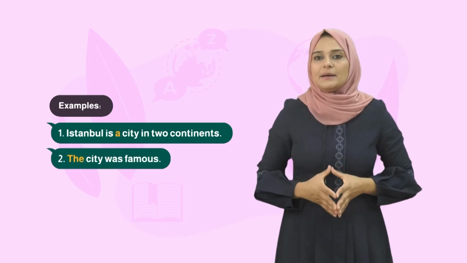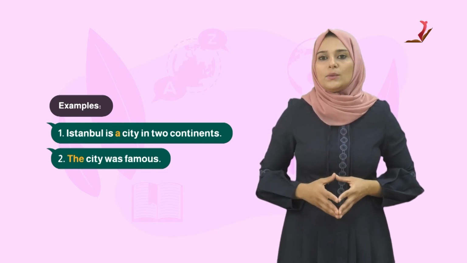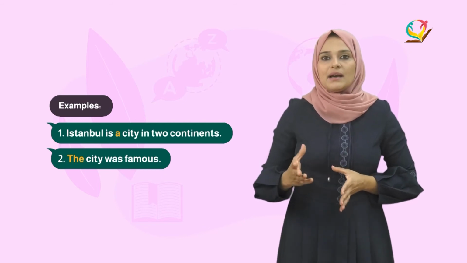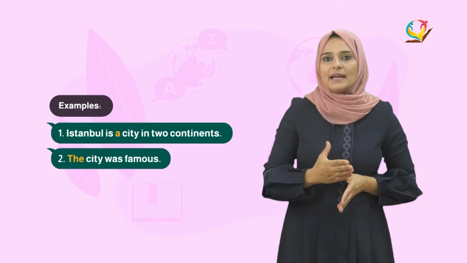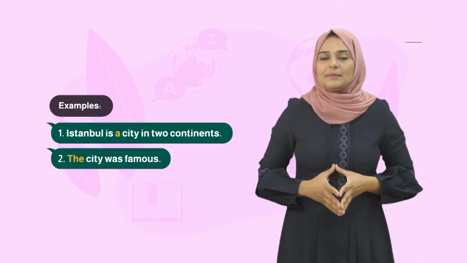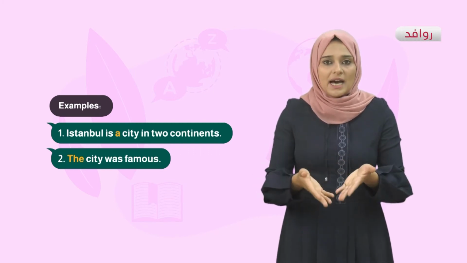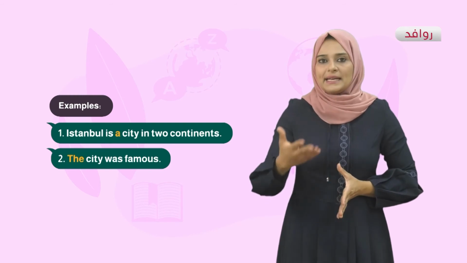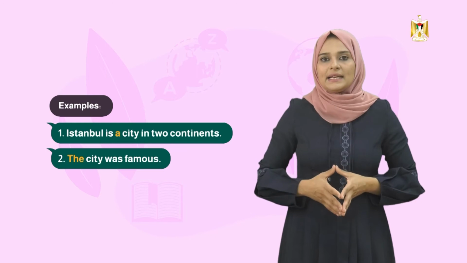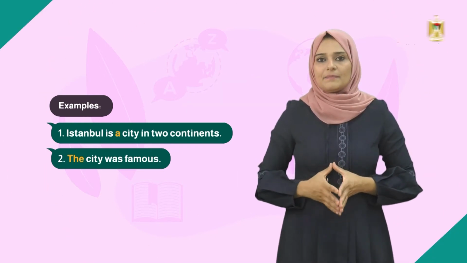In the first example, the word city ذكرت للمرة الأولى، أي أنها نكرة، فنستخدم قبلها the word a city. في المثال الثاني كلمة city ذكرت للمرة الثانية، فأصبحت معرفة عرفناها بأنها إسطنبول. This is the city. الآن عندما أصبحت معرفة we say the city.